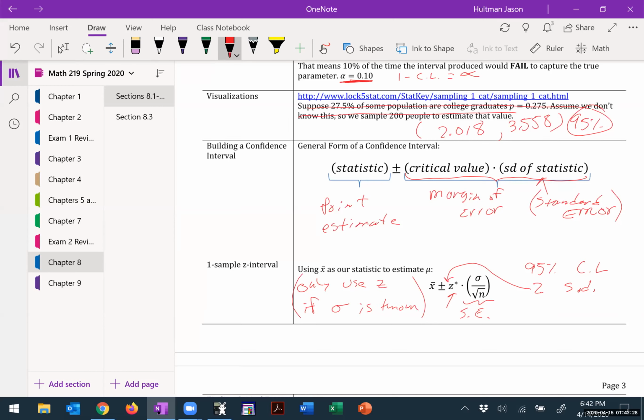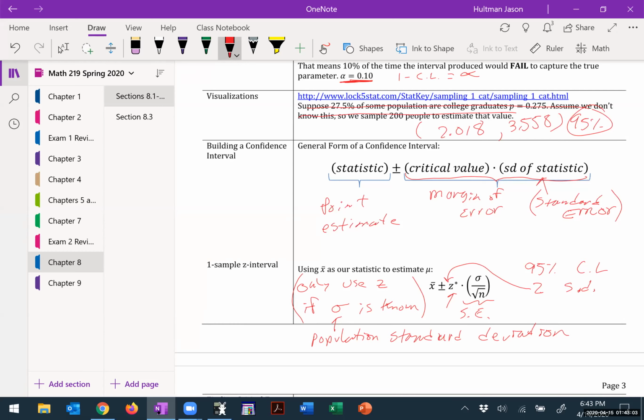If we do not know the population standard deviation, then we cannot use Z. We have a different parameter for that, and it's called T. We'll get into what T is in a second.